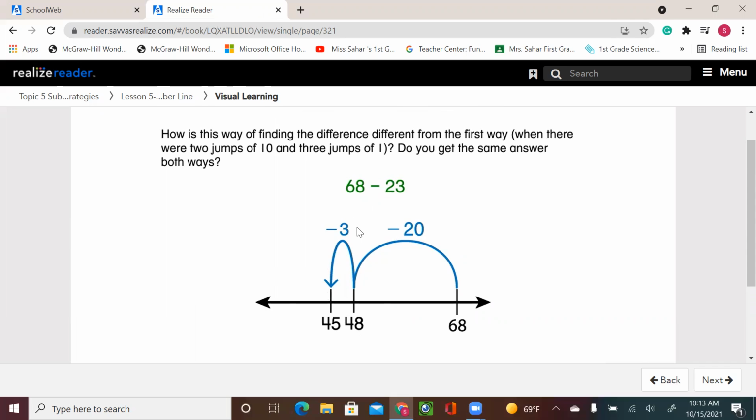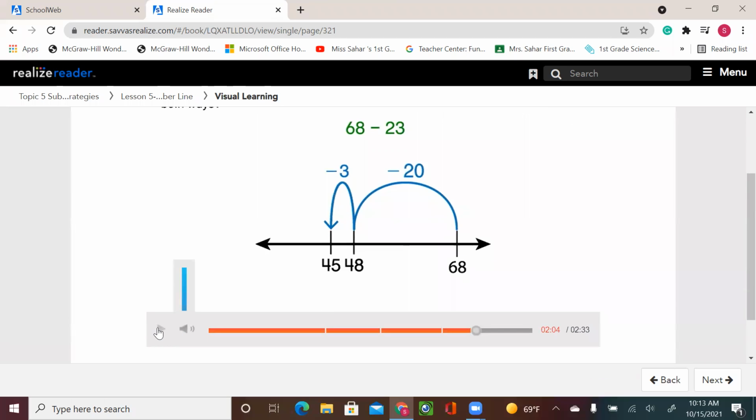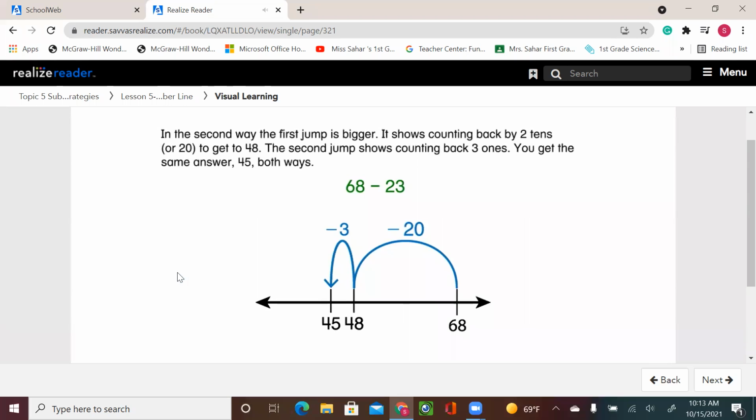Either 20 in 1 jump and 3 ones, or 2 tens and 3 small steps for ones. In the second way, the first jump is bigger. It shows counting back by 2 tens, or 20, to get to 48. The second jump shows counting back 3 ones. You get the same answer, 45, both ways.